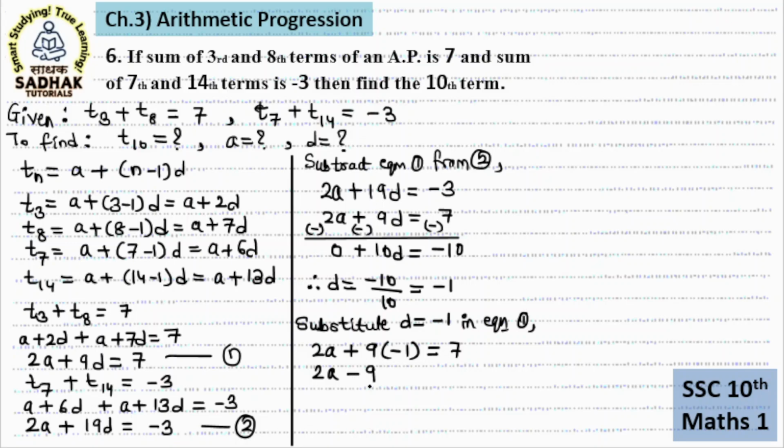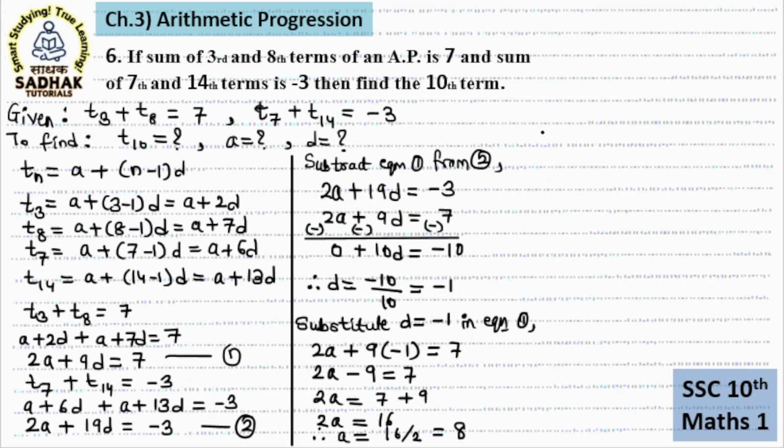So therefore 2a will be 7 plus 9. This minus 9 will come to the right hand side and it will become plus 9. 2a is equal to 9 plus 7 is 16. And therefore the value of a will be 16 divided by 2, that is 8.